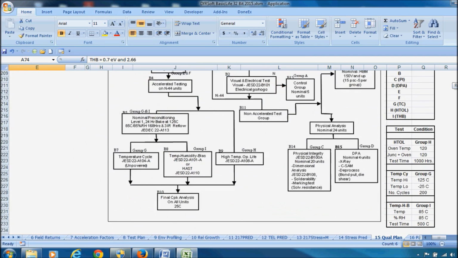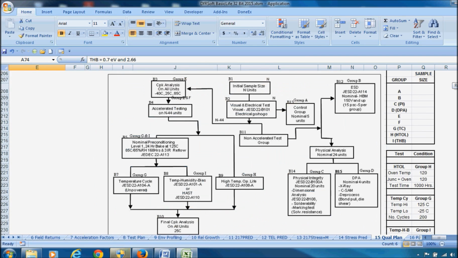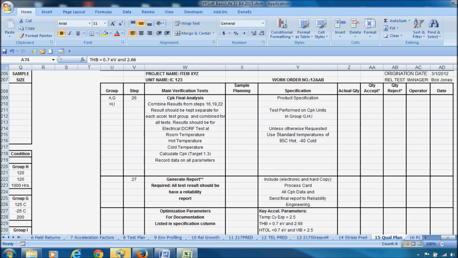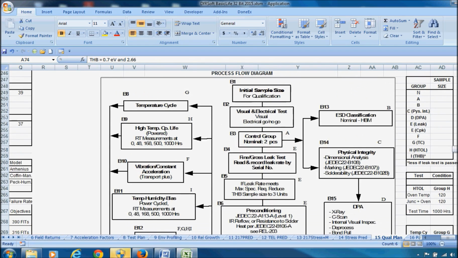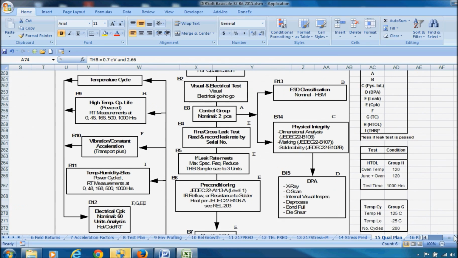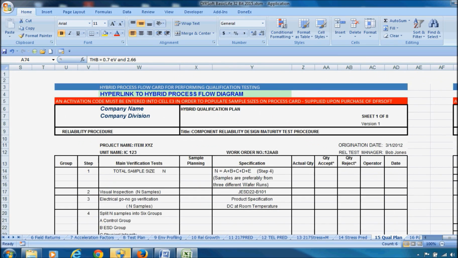And if we go down to the bottom, let me just show you what the test plan looks like. So this is the test plan for the semiconductors, and as well as there's a test plan for the hybrid area. Scroll down to that. As well as there's a test plan for the assemblies, which is the next process card over.